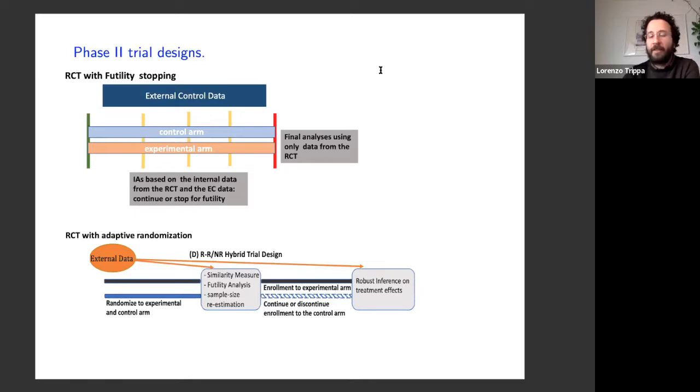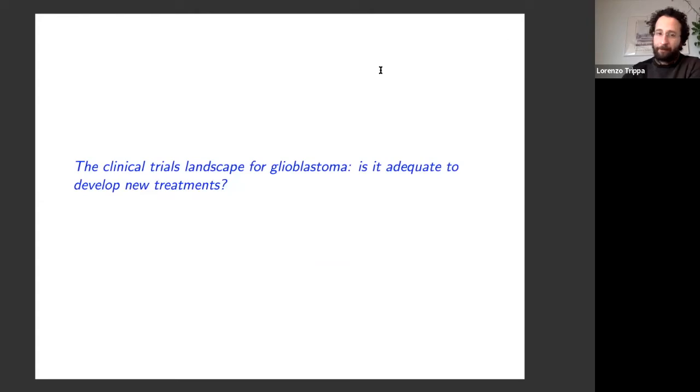On the top, another very simple idea. Those yellow bars are just interim looks at the data. So you have a large randomized clinical trial. We should use all the information we have in order to make a good interim decision. The decision could be to stop the trial if the drug is not promising, or another decision that can be made is to expand the sample size when we feel it's needed.